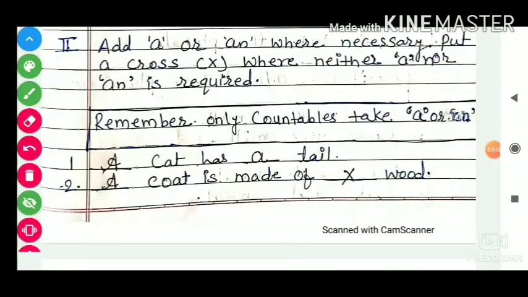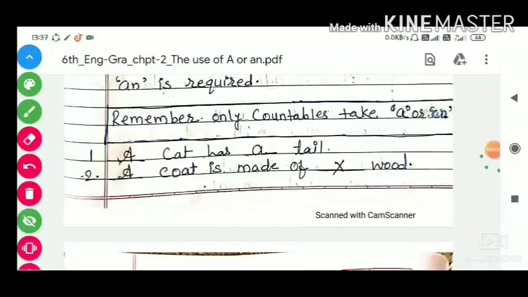Next: add a or an where necessary. Put a cross where neither a nor an is required. Remember, only countables take a or an.